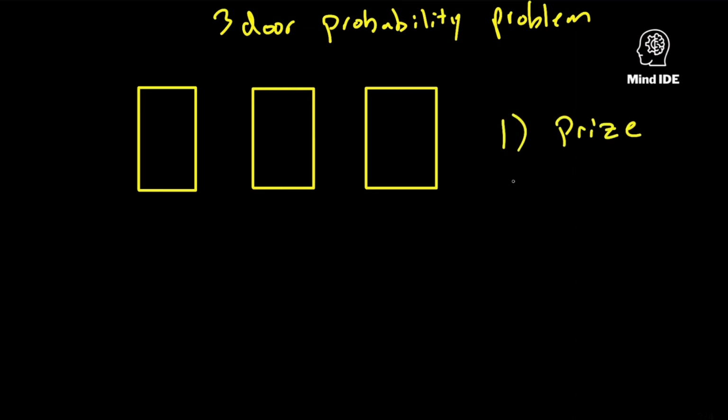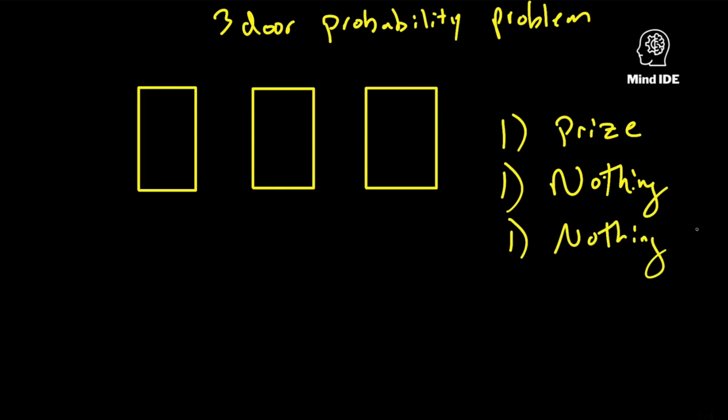One prize, and one is nothing, and one is nothing. So we're going to assume that the prize is here. So we'll just put a P for prize.